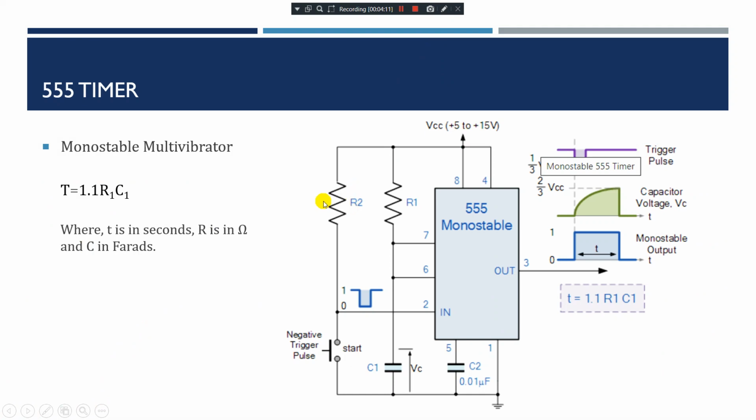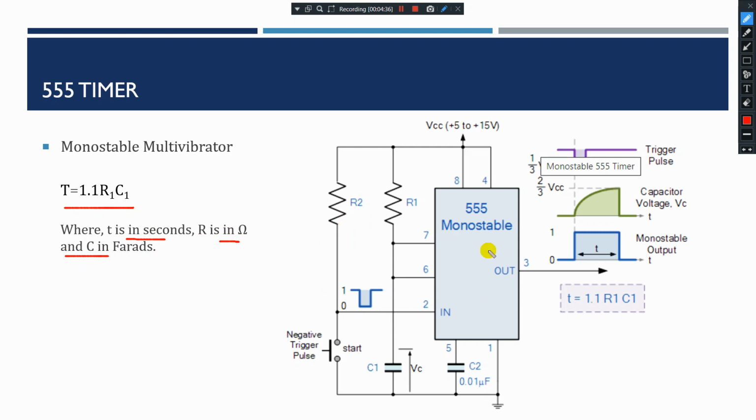Okay, you can see here a monostable multivibrator. The time is calculated by 1.1 into R1 into C1, where T is in seconds, R in ohms and C in farads. Here you can observe it's in monostable operation.